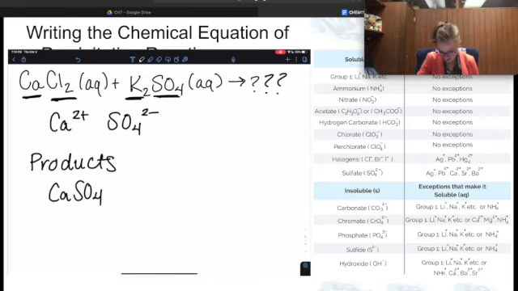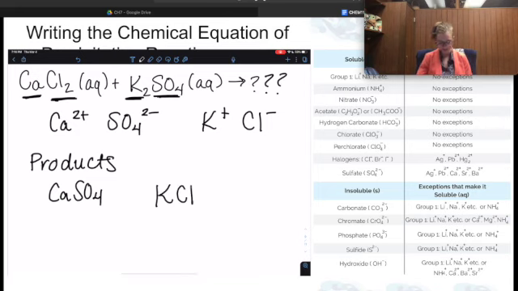So I have K plus and Cl minus. So those are both a one-to-one charge as well. So we have KCl in this case. So our chemical reaction, when we have CaCl2 reacting with K2SO4, that goes ahead and makes us calcium sulfate and potassium chloride. So now we have our products properly written and everything ready and predicted.